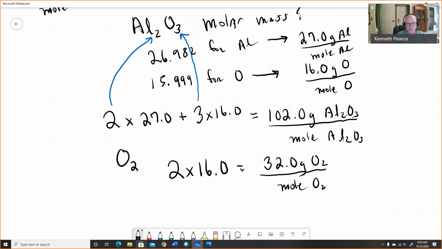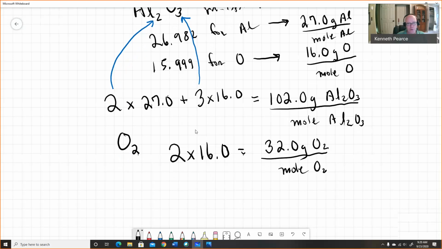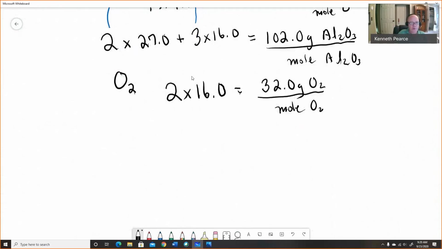And finally, let's do another example. How about sodium chloride? What would be the molar mass for sodium chloride? And so we have sodium and chlorine, and I look on my periodic table for the molar mass of sodium, and it is 22.989770, and of course we're going to round that to 23.0 grams sodium for every mole sodium.